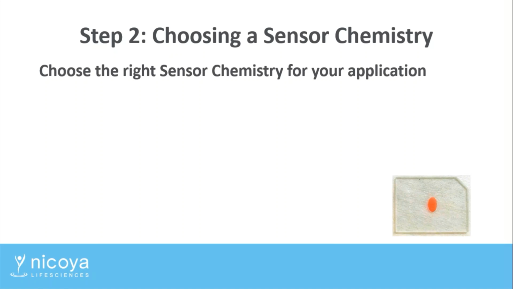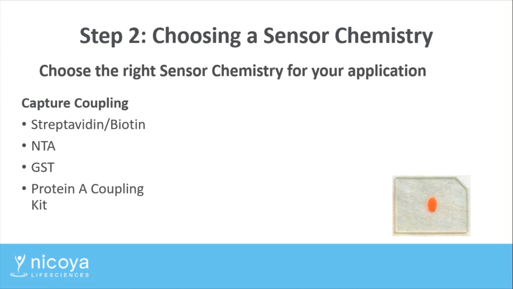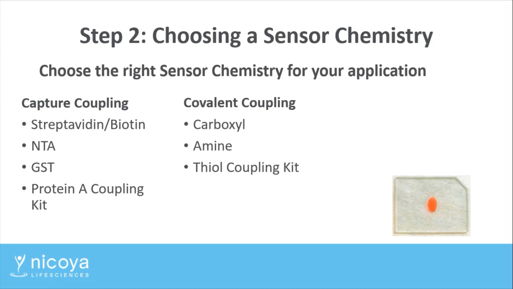If your biomolecule contains a tag, for example, a histidine tag, a GST tag, or a biotin tag, you can take advantage of this and immobilize them onto the surface via these tags using one of our capture coupling techniques. If you're working with a biomolecule such as a protein without a tag, you can take advantage of a direct coupling technique.